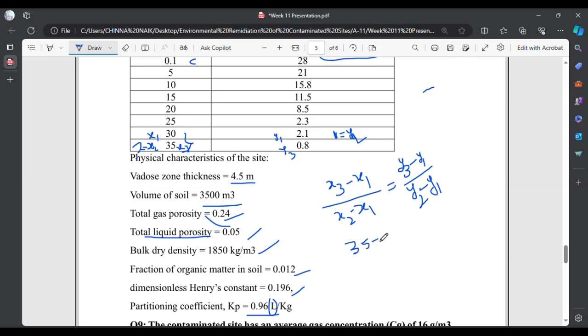35 minus x1 is 30, and x2 we don't know, that is unknown. x1 is 30, equivalent to y3 is 0.8, y1 is 2.1, and y2 is 1, y1 is 2.1.